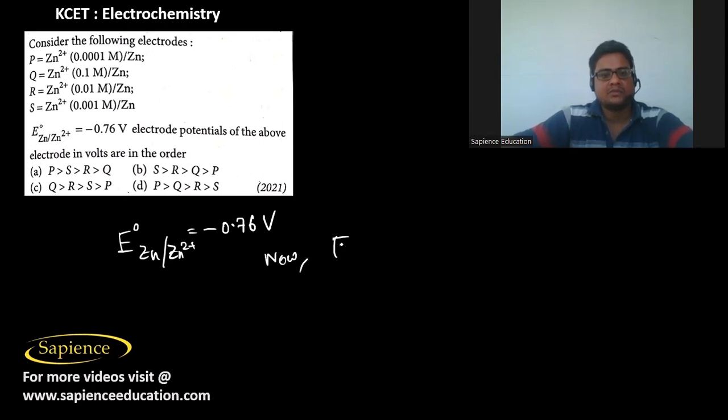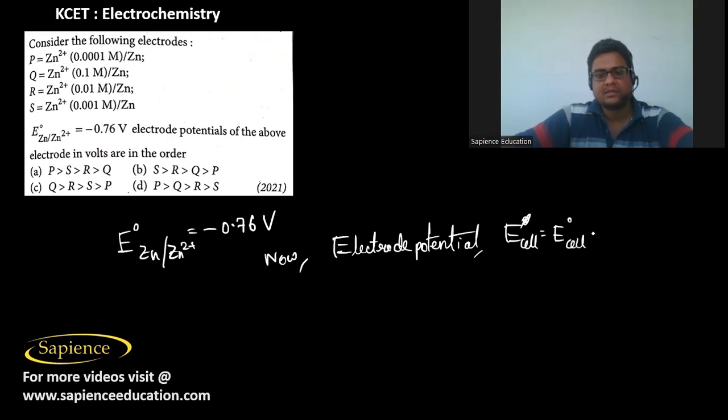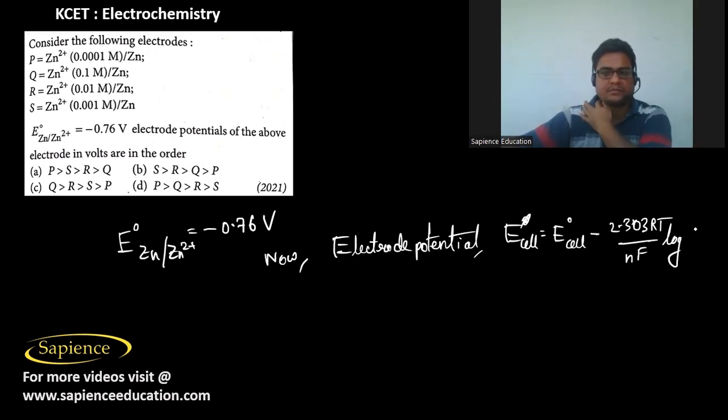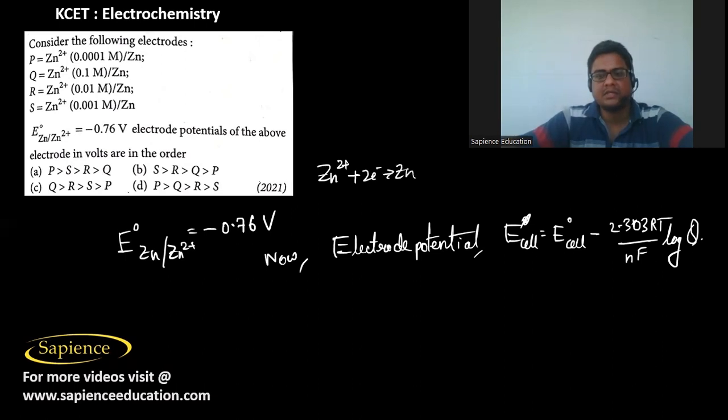So now, as you know, the electrode potential at any temperature, that is E, is given as E naught cell minus 2.303 RT by nF log Q. Q here, zinc is being reduced to zinc, so Q will be equal to 1 by the concentration of the zinc.